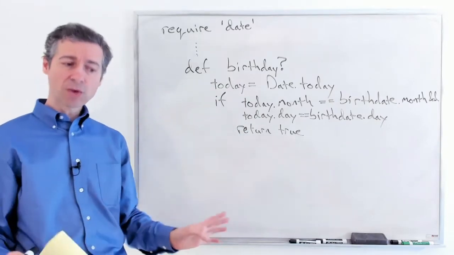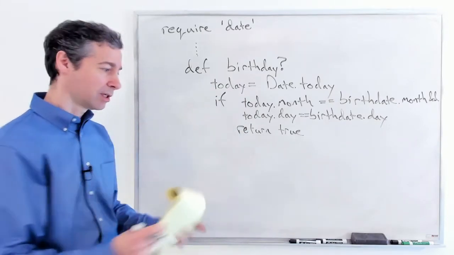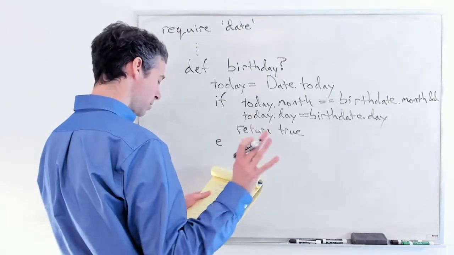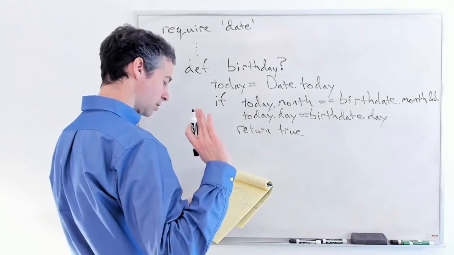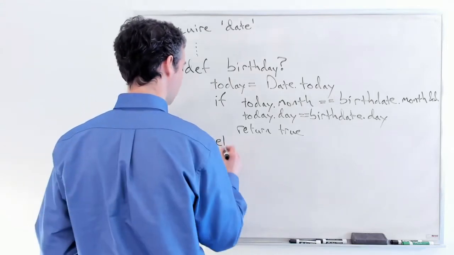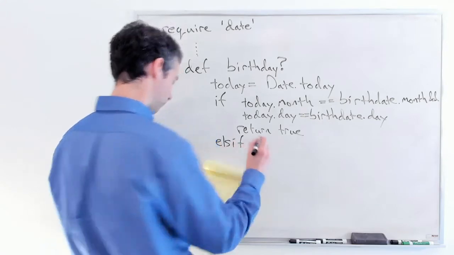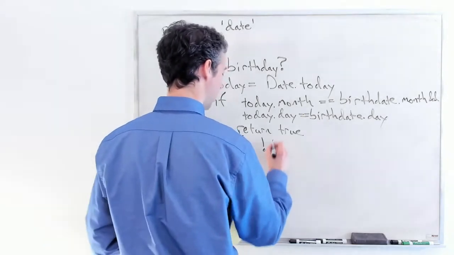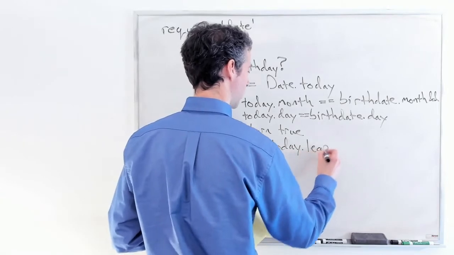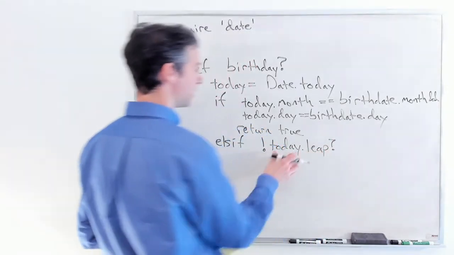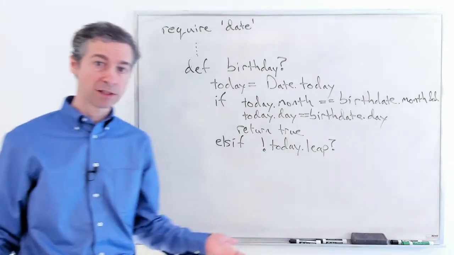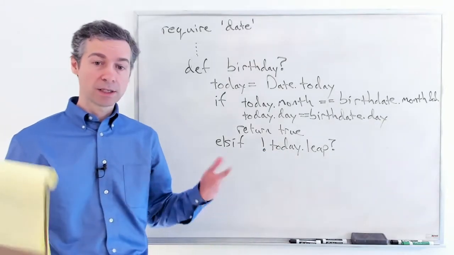Great. Otherwise, we do need to check about this whole case that, wait a second, is it not a leap year? And let's check out someone's birthday. So else if it's not. So it's great, by the way, that date objects have on them a leap method that tells us whether or not the year is a leap year.